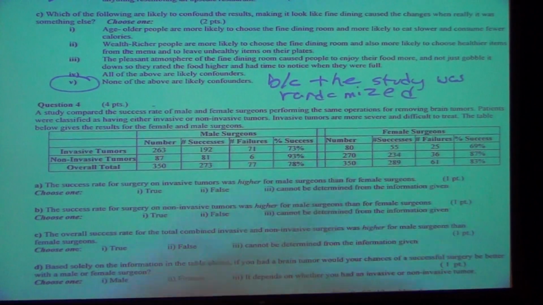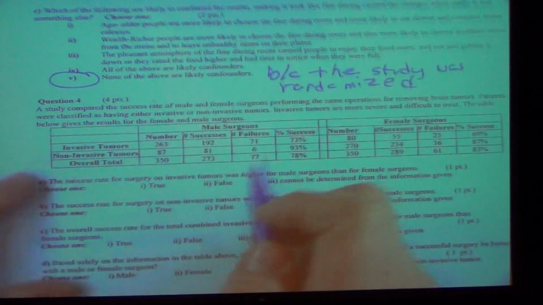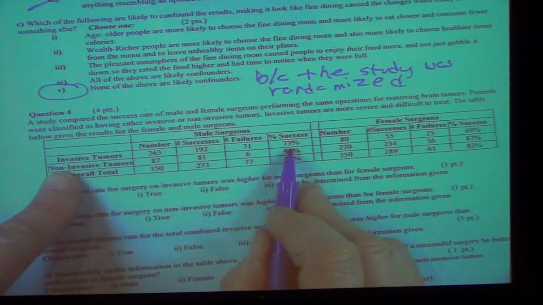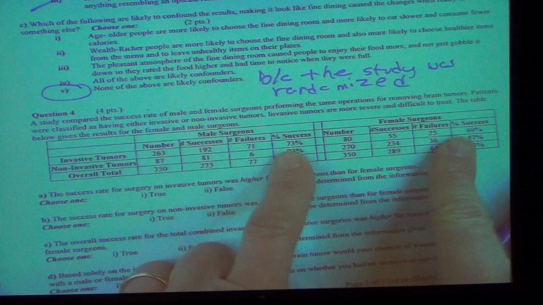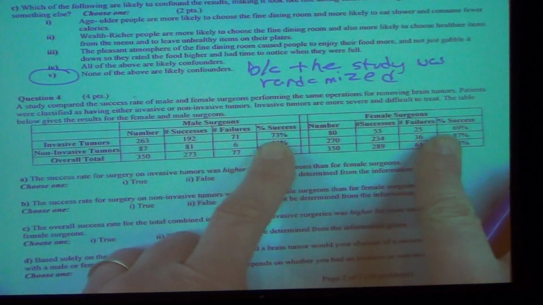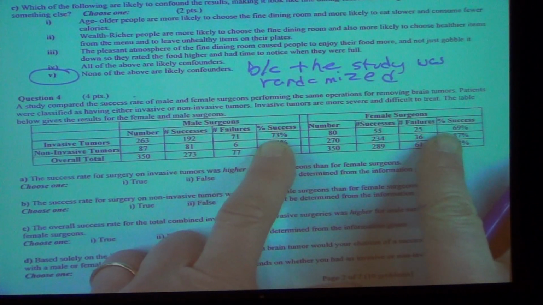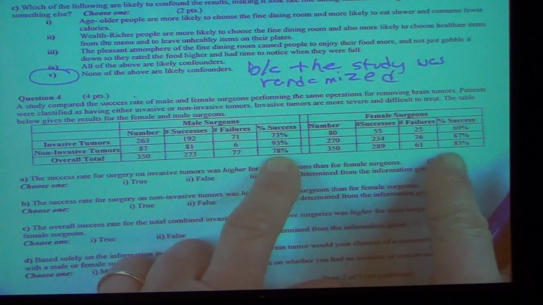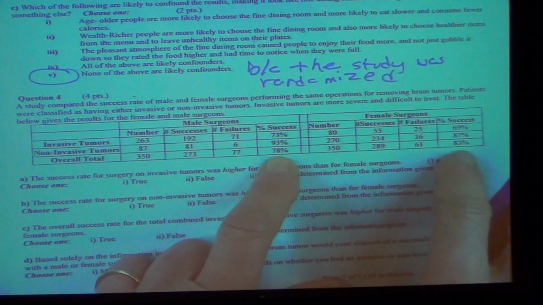Do male surgeons do better or female surgeons do better? So you look, and the success rate was higher for who? For males. Right? Wasn't it higher for males? Watch this. Higher for males. Then you look overall, upside down. It's higher for females.